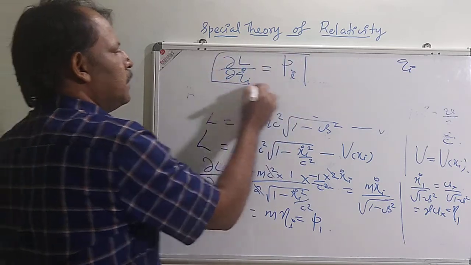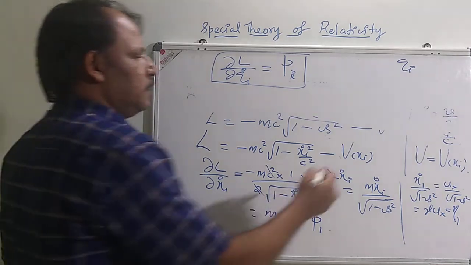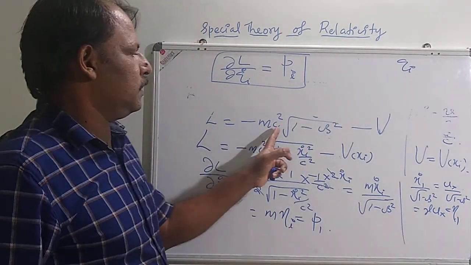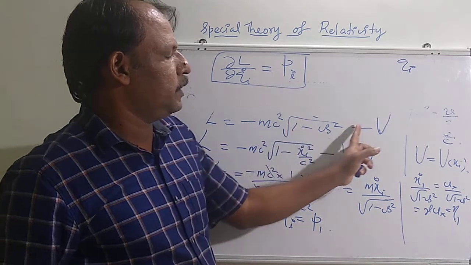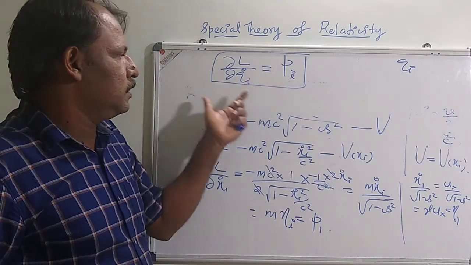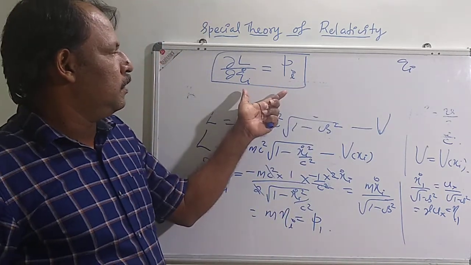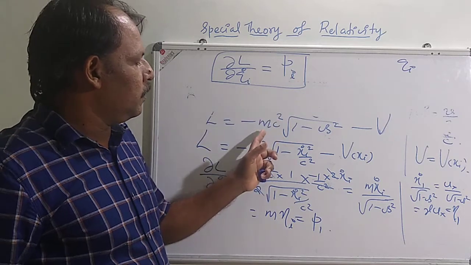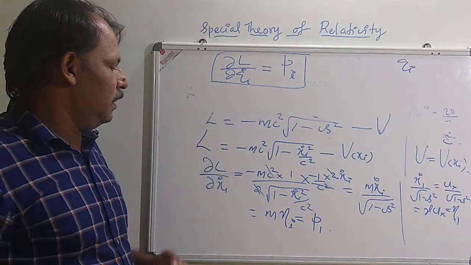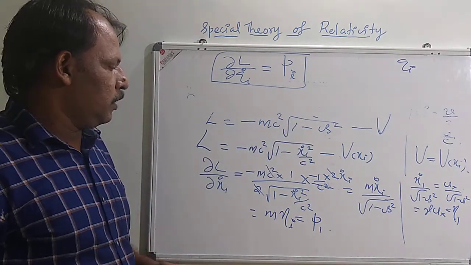So this equation is valid in the relativistic case also, when we consider the relativistic Lagrangian as L equal to minus mc square root of 1 minus beta square minus V. This equation we discussed in the non-relativistic case, and the same equation is applicable in the relativistic case also, when we consider the Lagrangian as L equal to minus mc square root of 1 minus beta square minus V.